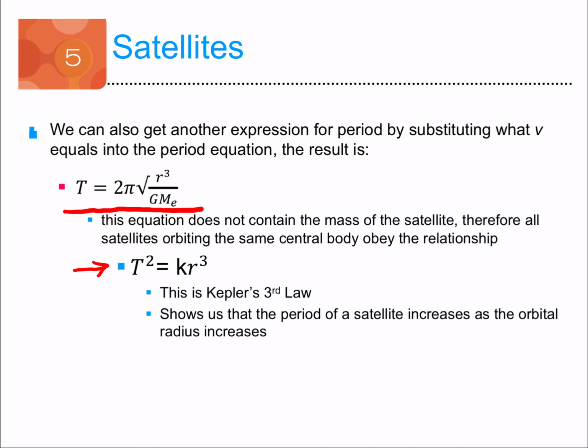Now, K is a constant, and K equals 2.97 times 10 to the minus 19 seconds squared over meters cubed. What this is showing us is that the period increases as your orbital radius increases.